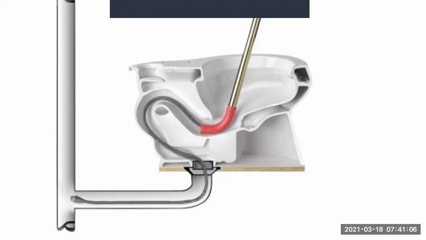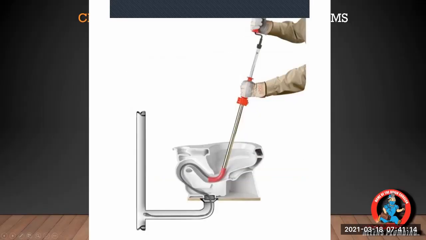When you retract these augers, you want to use this handle up here. Let me just zoom out real quick. You're going to pull this handle all the way out before you even get in the toilet, fully extending it to where the tip is right at the edge of the rubber. Then you place it in, just the tip of the snake.